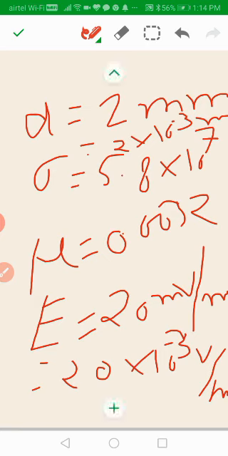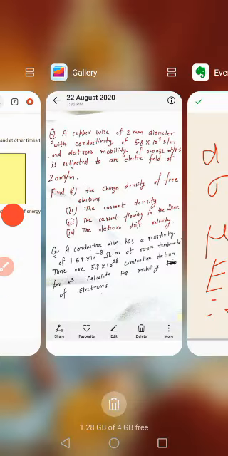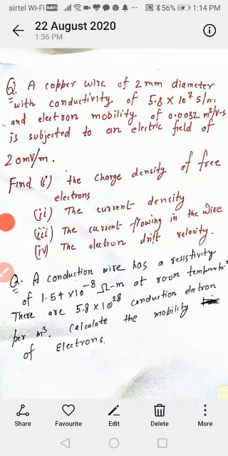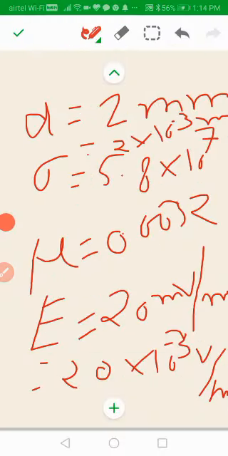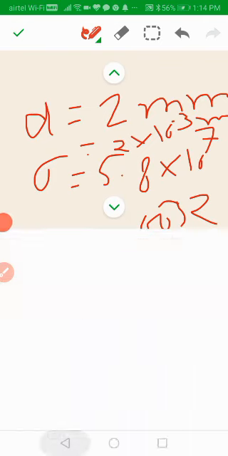Okay, so this is given to us, and now let us try to understand what is asked. The charge density of free electrons. As we know, the charge density is n, the number of electrons per unit volume.